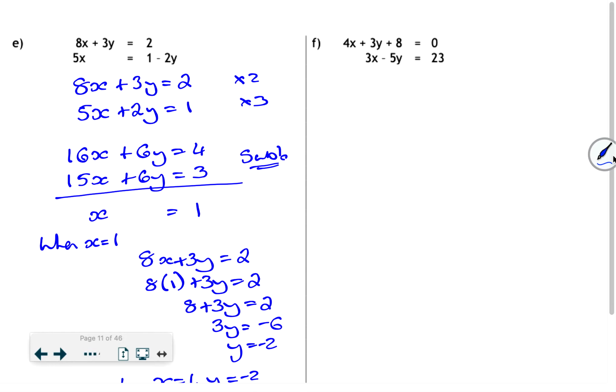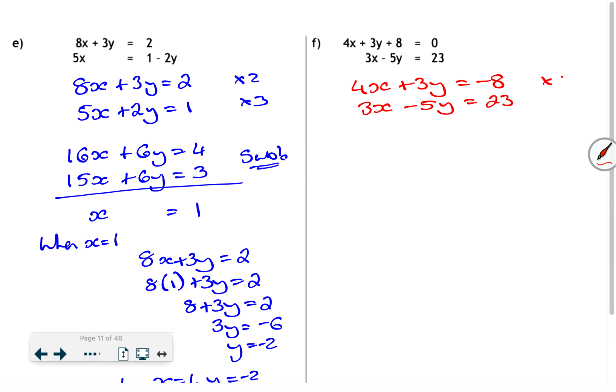Last example. Again, let's rearrange. So that's going to give me 4x plus 3y equals minus 8, and 3x minus 5y equals 23. So middle variable, we've got 3 and 5, so that would be 15.